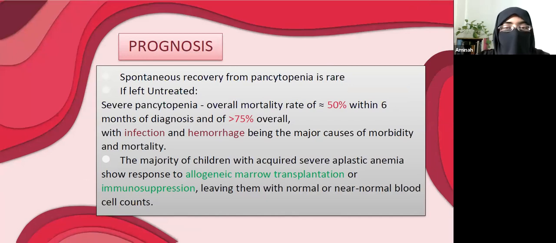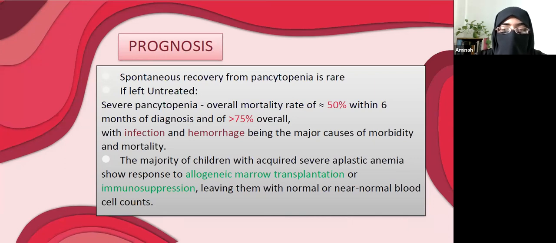As I mentioned, aplastic anemia is a serious disorder. It is not self-limiting, and spontaneous recovery is rare. If left untreated, in cases of severe disease the overall mortality rate is about 50% within 6 months and 75% overall. So it has a high mortality rate if untreated.